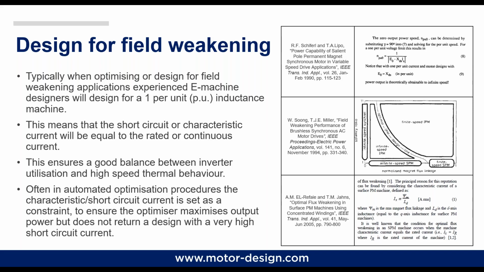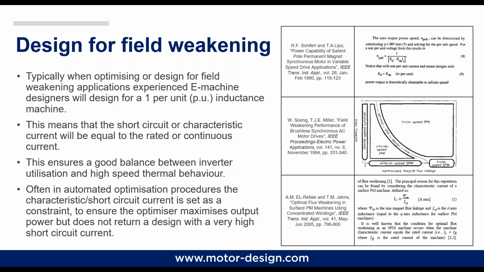On the other hand, we can have a very low short circuit current leading to good thermal behavior of the machine at high speed, but not so good utilization of the inverter, as well as in terms of peak power of the machine. And this design rule gives us a good trade-off between those two issues.